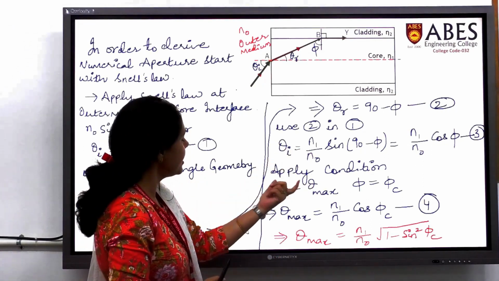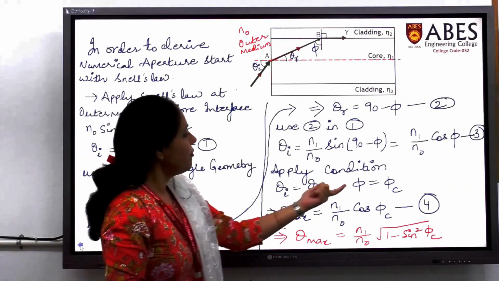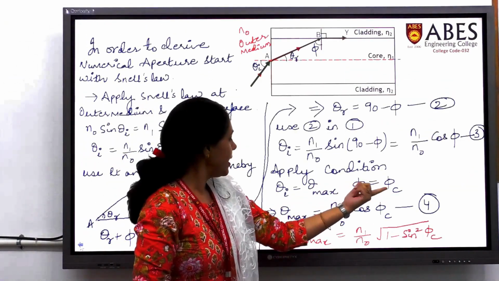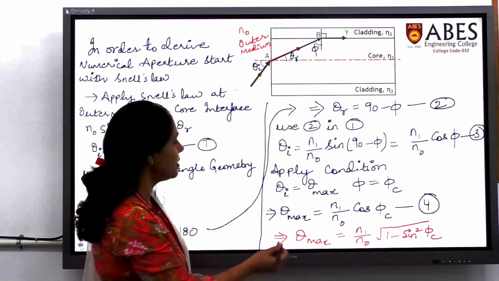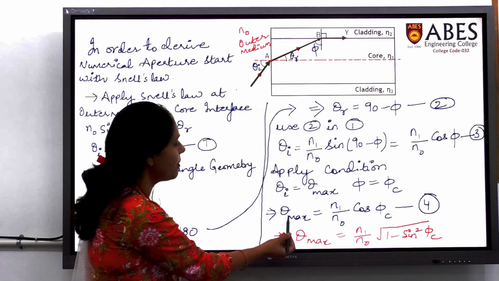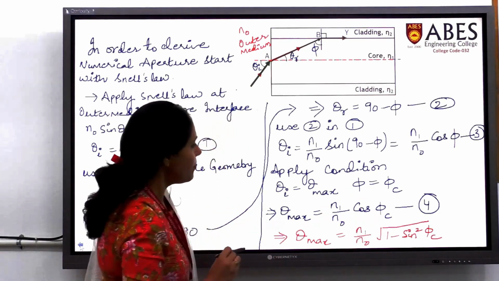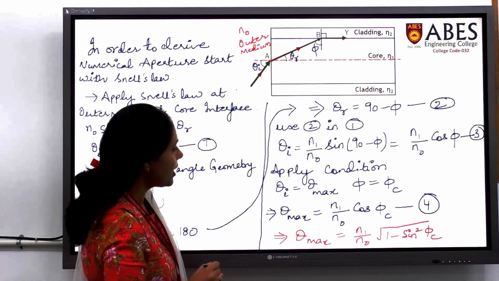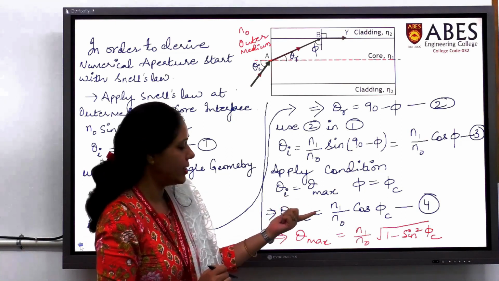On applying this condition, theta equals theta max and phi equals phi c. In that case, changing equation number 3, we get sine theta max as N1 upon N0 cos phi c. So this is our equation number 4, and this is a very important equation regarding our numerical aperture part.